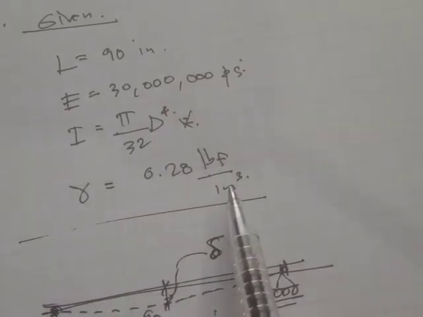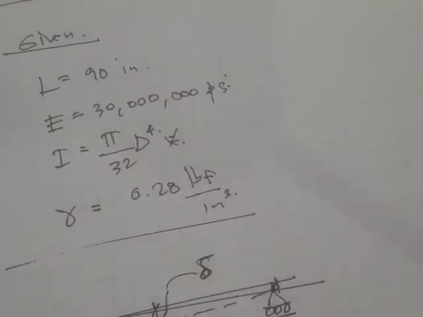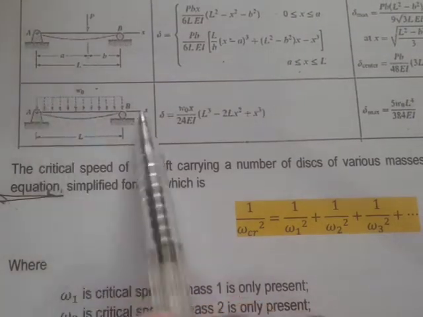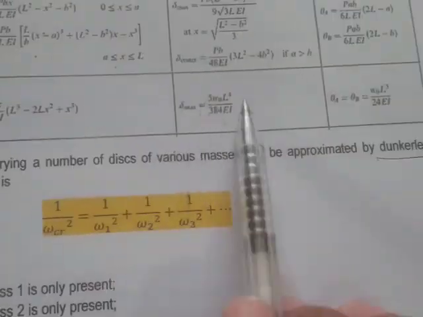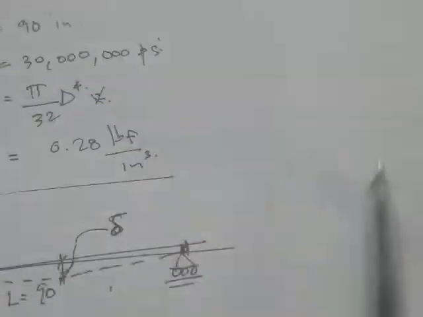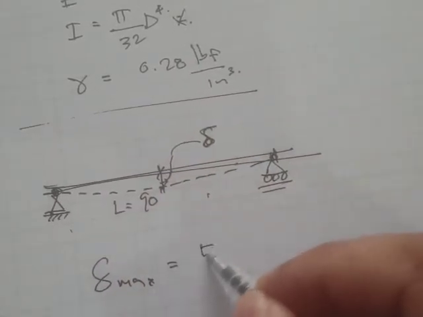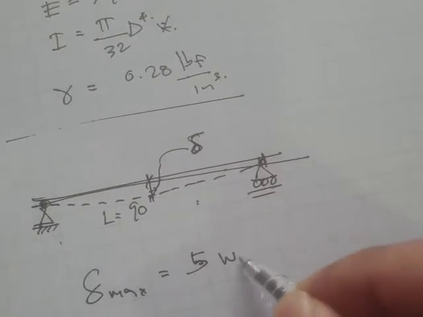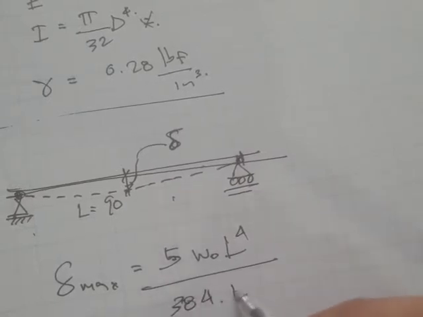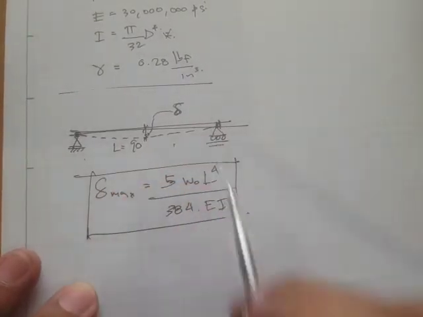If we know the cross-sectional area, we multiply it with the weight density to find the distributed loadings. The maximum deflection is delta max equal to 5 times the distributed load times L to the 4th divided by 384 EI. That's why we need this I value.